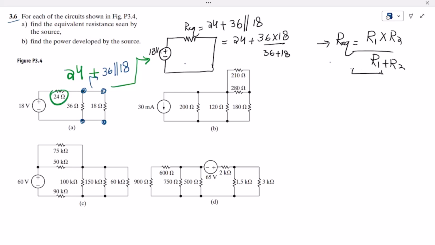This formula is derived from 1 over R equivalent equals 1 over R1 plus 1 over R2, if the two resistors are connected in parallel.